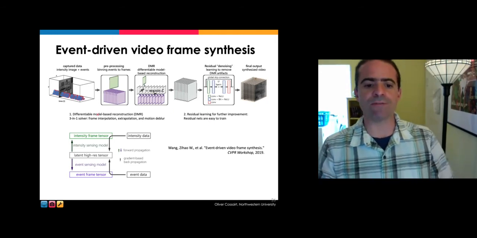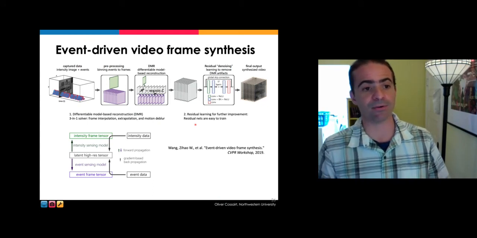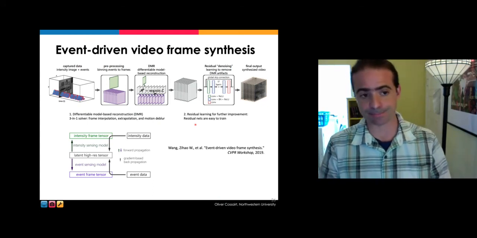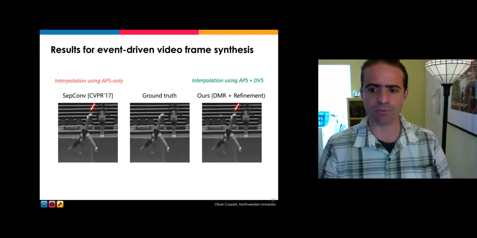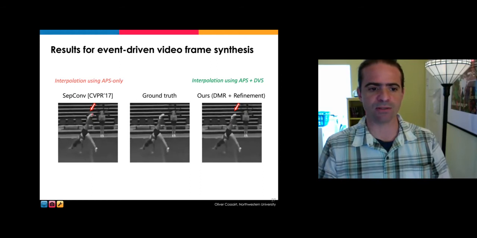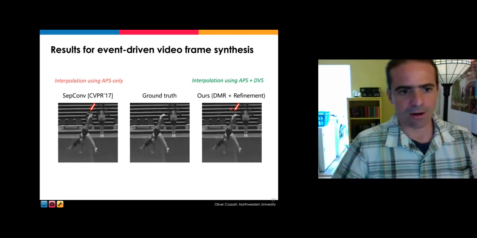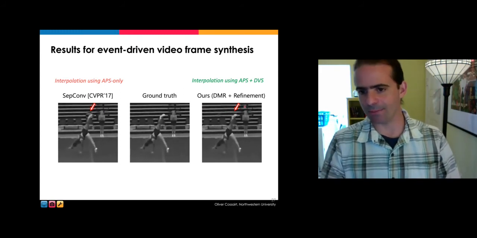So this was our first work looking at this idea of combining information from both events and intensity frames. Here's some of the preliminary results showing a nice comparison to previous work, where you get some artifacts around the motion of the leg of this acrobat that go away when you use our event intensity fusion and refinement network.